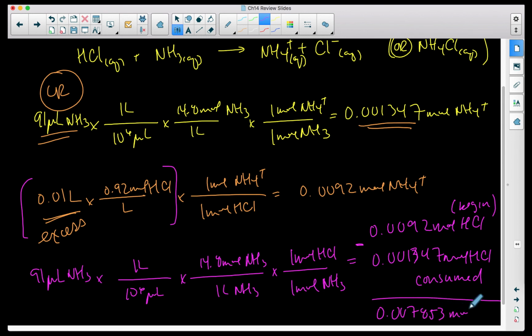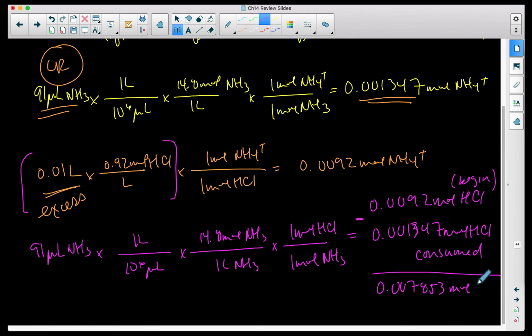Moles of HCl remain. And so then just like in class, now all we've got to do is take this and turn it into a molarity. So let's go ahead and do that.